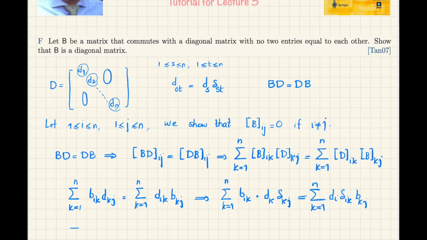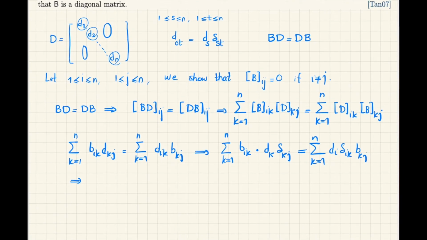But on the left hand side, from the properties of the Kronecker delta, I can use this Kronecker delta to eliminate the sum with the counter k, provided that I replace k everywhere with the second index here. So this becomes b_ij, and then I will have d_j. I can do the same thing on the right hand side. I can use this delta to eliminate this sigma, provided that I replace k with i everywhere.